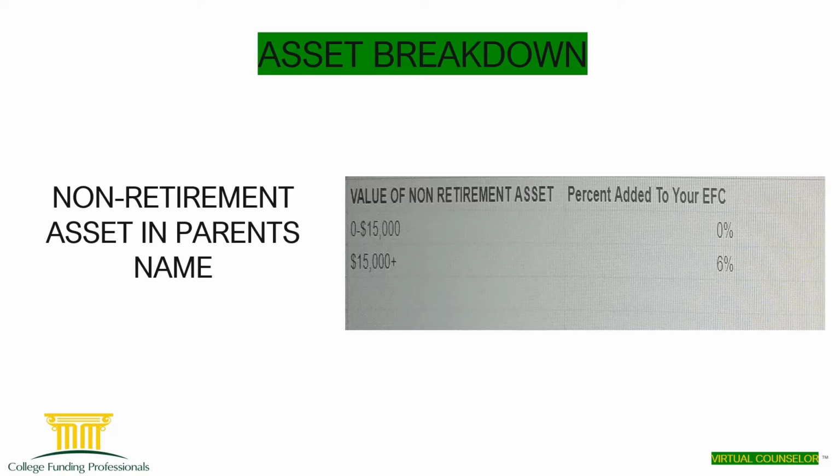And now our expected family contribution, now we're at 26,000. Close to that 27,000 I had in that example of the FAFSA form that showed the expected family contribution. All right, so now you're seeing how we're looking at percentages of assets and income and how we're deriving and computing that expected family contribution number.